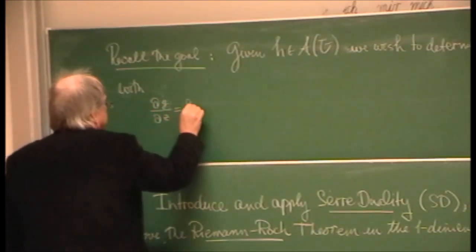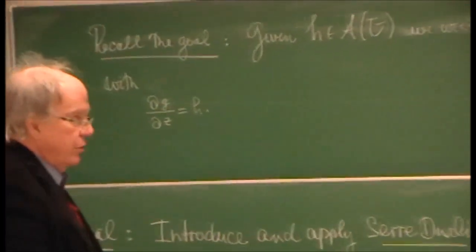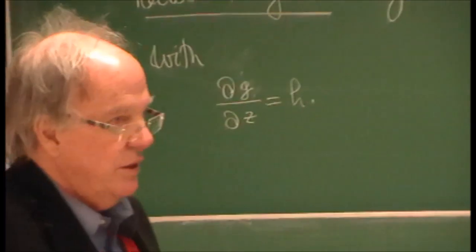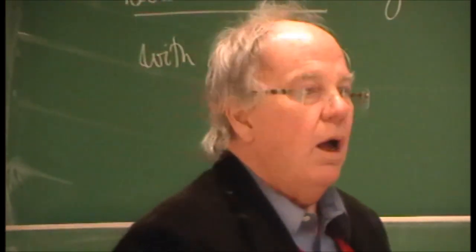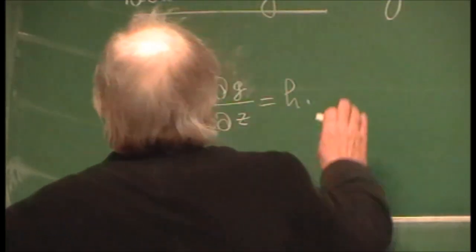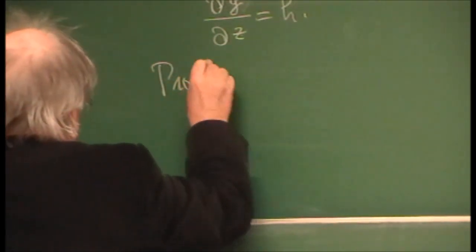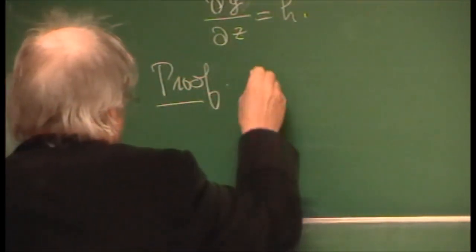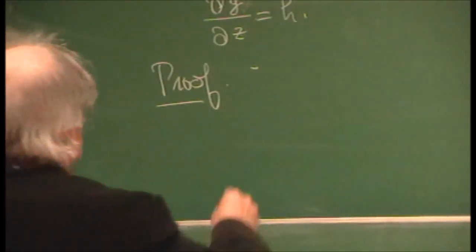Okay, you should always think like a physicist and say, let's solve this problem formally. Probably is good enough for our purposes. Let's see. So, proof. This is Z bar, right? Huh? Z bar. Z bar.